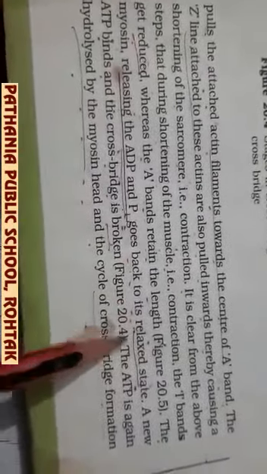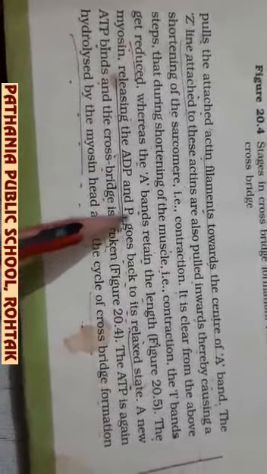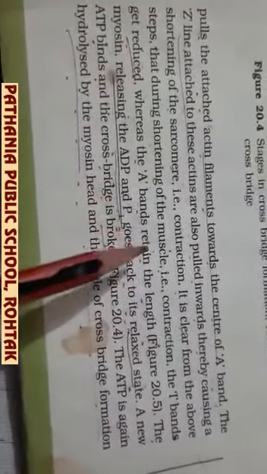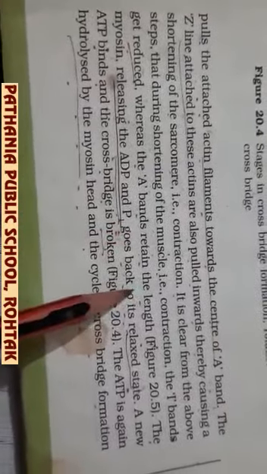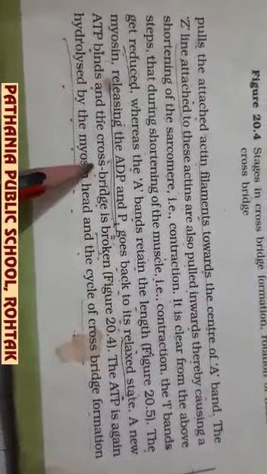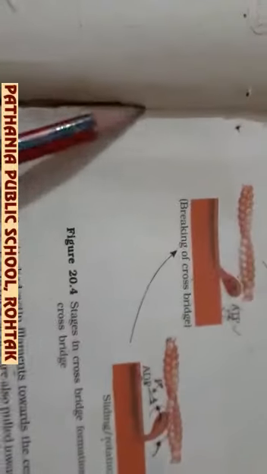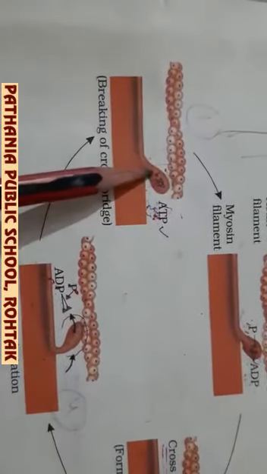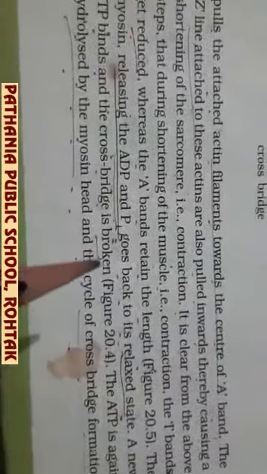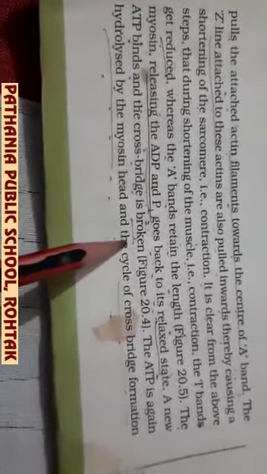After the ADP and inorganic phosphate are released, the energy is released and used for muscle contraction. And once ATP is again formed and the cross bridge is broken, as you can see here, that stage of the muscle is the relaxed stage.